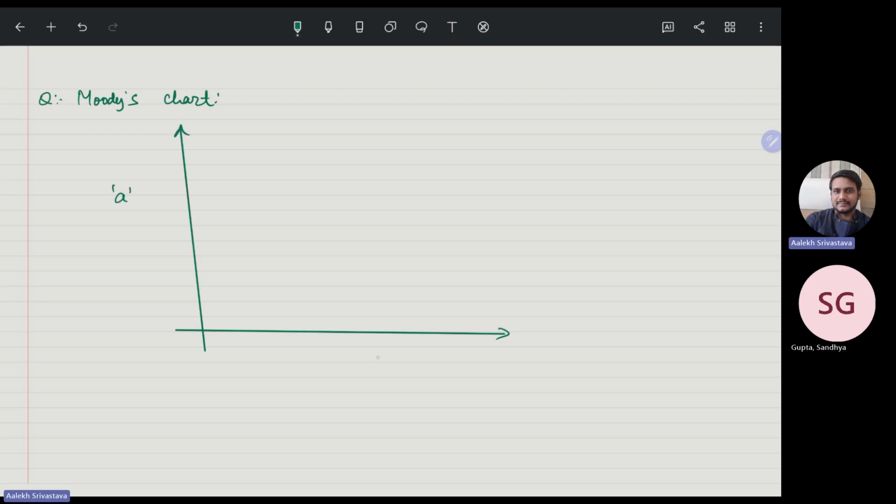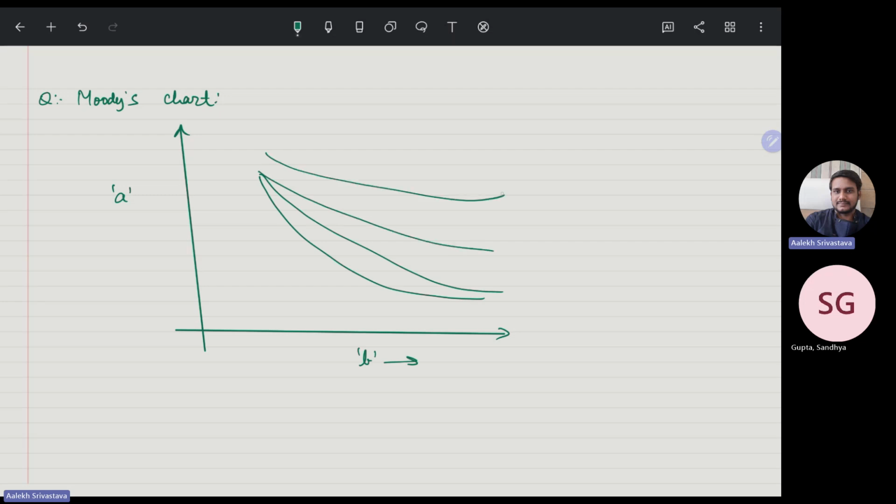Here we have a parameter A, here we have a parameter B, and the graph looks like this. And here we have a parameter C. So the question is, what are the parameters A, B, and C? This is the smooth tube.